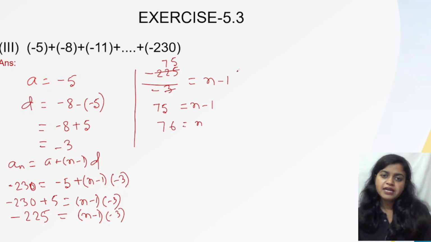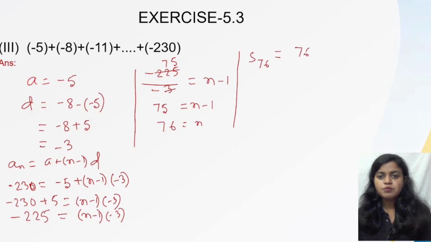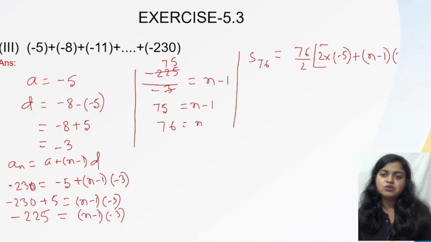So we will find S_n, that means S_76. So n by 2 means 76 by 2, into 2a, where a is minus 5, that is minus 10, plus (n minus 1) into d. D is minus 3. If we cancel out, 2 times 38 is 76.